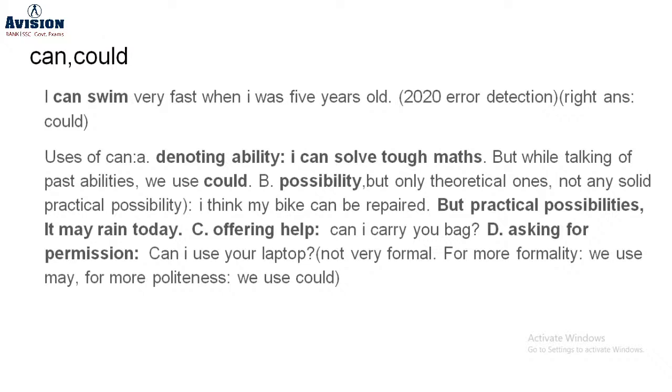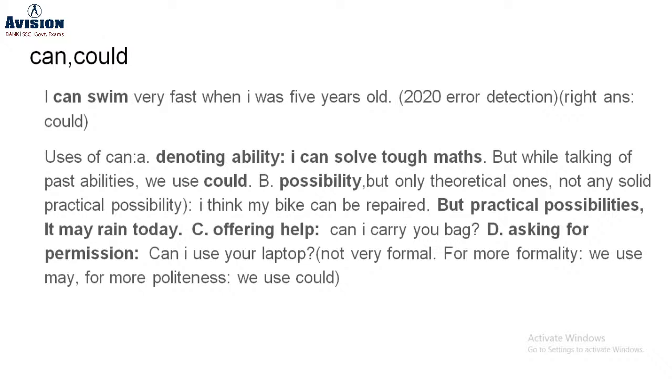But in your question you need to read it and understand. You need to detect which portion is the wrong one, and why it is wrong. Often it can be given in the answers that you need to supply the right one. So in that case you need to understand what form of modal you should be using over here. So the right form is could. I could swim very fast when I was 5 years old. So this was a question in 2020.